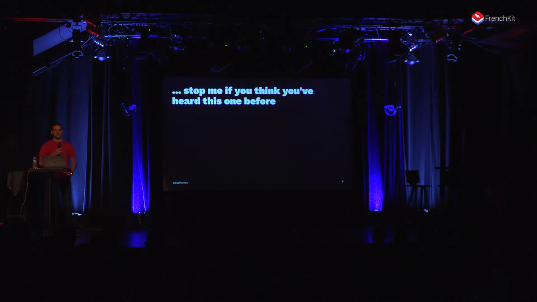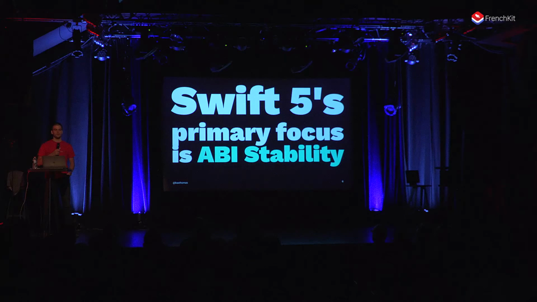Stop me if you've heard this one before, because I think at Swift 2 or Swift 3, Apple was saying we want to introduce API stability and get it done soonish, and then the whole open source thing happened, and it was such a great response that they basically didn't have enough time to get the API stability done. But Swift 5's primary focus is API stability, so we can expect that now. It's pretty cool.